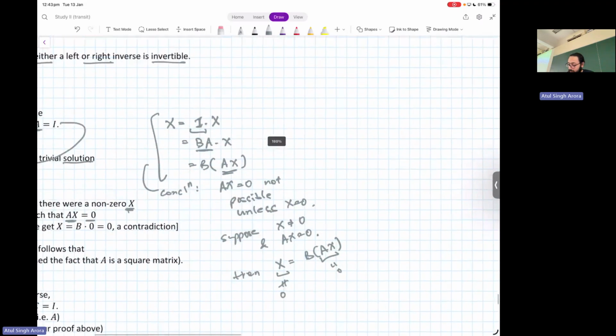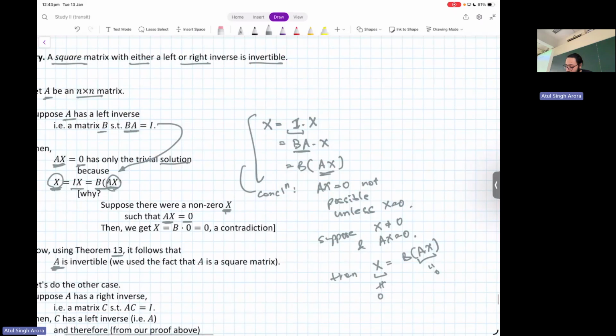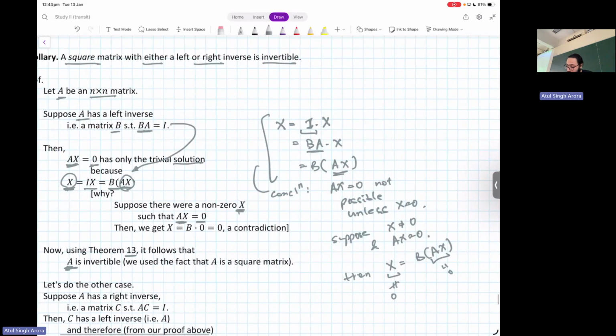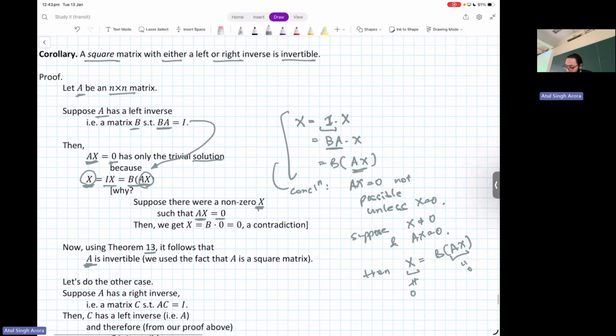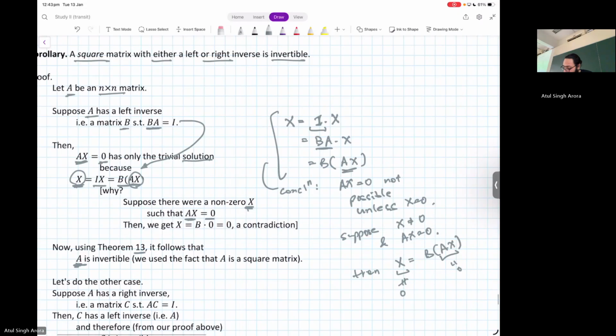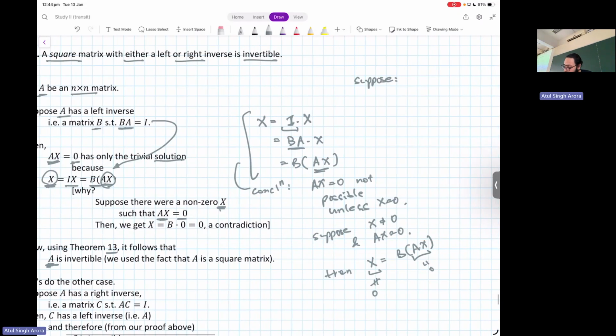Right. So let's do that once more. What we're trying to do now is suppose that the following things are true. The first thing that's true is that B times A is identity.